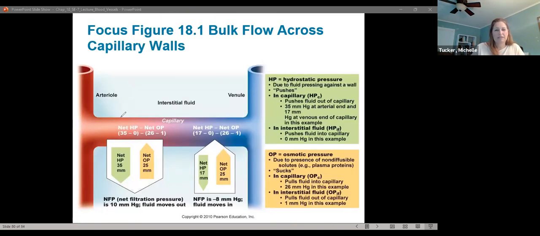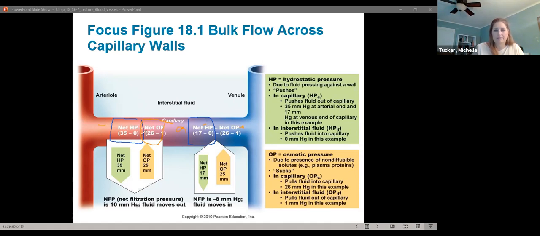The take home from this one is hydrostatic pressure on the arterial end is 35. On the venous end, it is 17. So hydrostatic pressure changes. Osmotic pressure is going to stay the same because these plasma proteins are here and here and here.